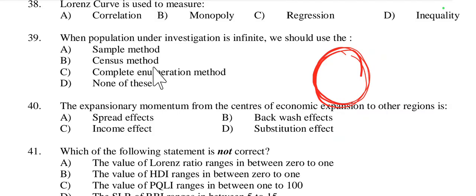In the census method we individually collect data, but in the sample method we just select some samples from the total population. So if the population is infinite, we should use the sample method. So option A is right here.